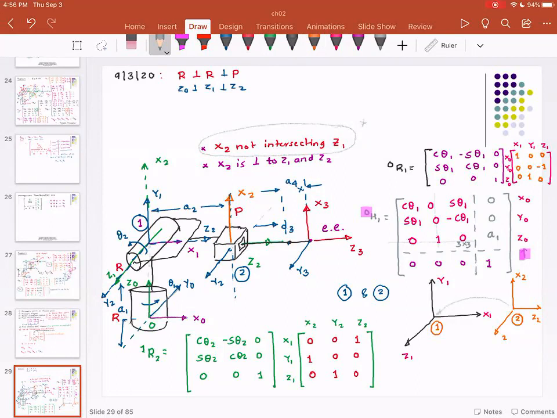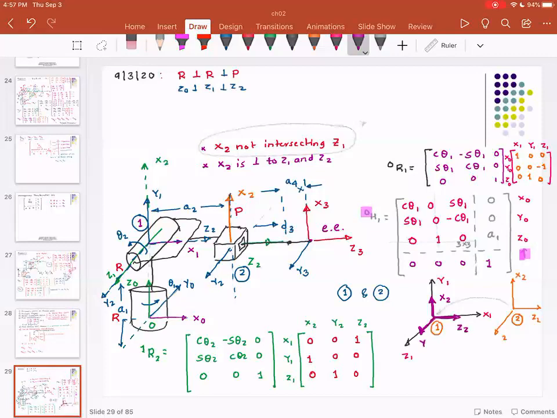So now, when I translate the frame, I'm going to show you the translated frame here. So this is x2, this is z2, and this frame is y2.